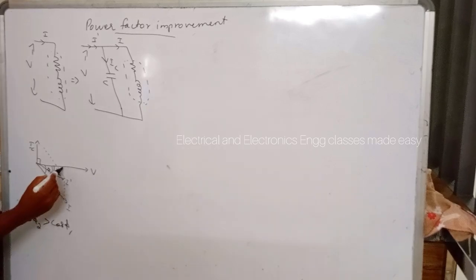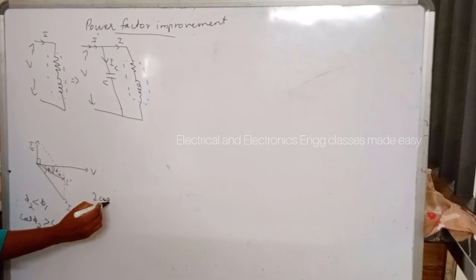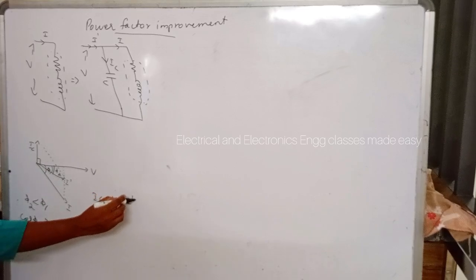We can also conclude that the active component, that is the in phase component of the current, is I cos phi 1, and after correction I dash cos phi 2.